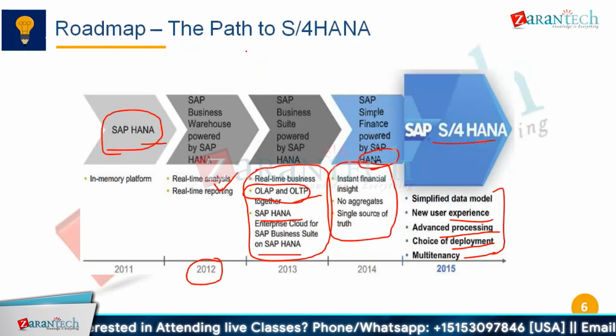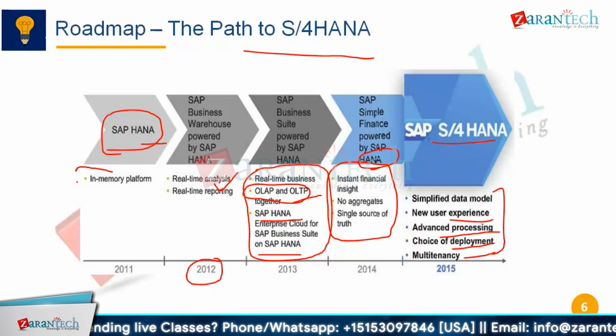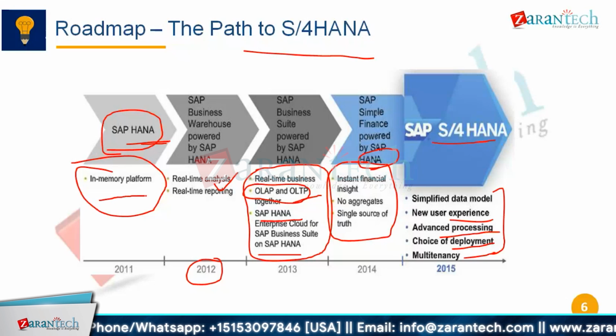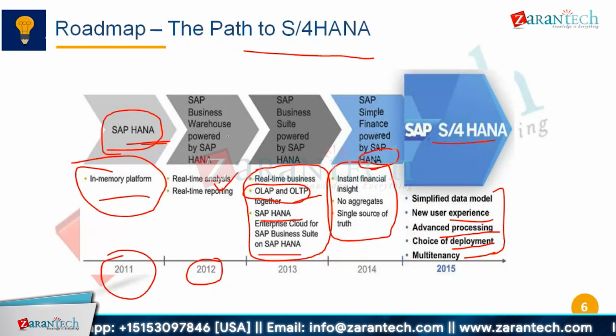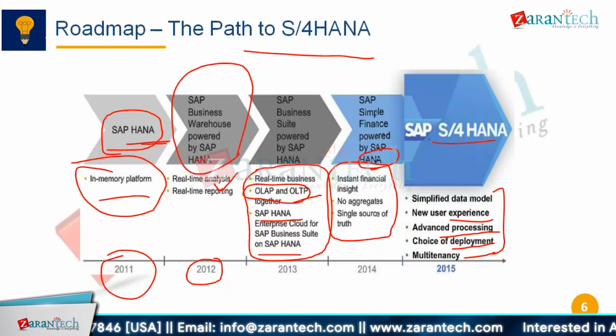So the roadmap, the path to S/4HANA. The S/4HANA in-memory platform. They came up with the HANA database, which is basically an in-memory platform. It got introduced in 2011. They released the SAP BW system on top of the HANA database. They call it SAP Business Warehouse powered by SAP HANA, real-time analysis and real-time reporting.